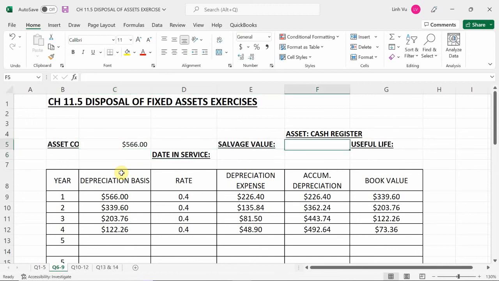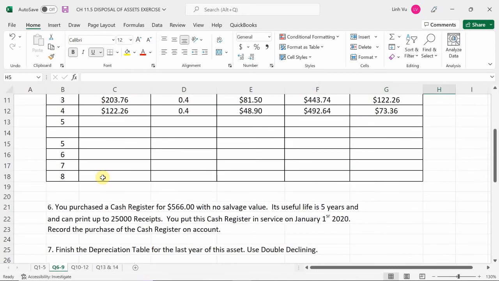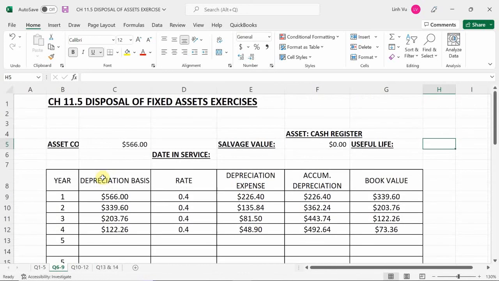Okay? We had no salvage value, like you said. Good. What's my estimated useful life? 5 years. And what is the date that you placed into service? January 1st. Good.